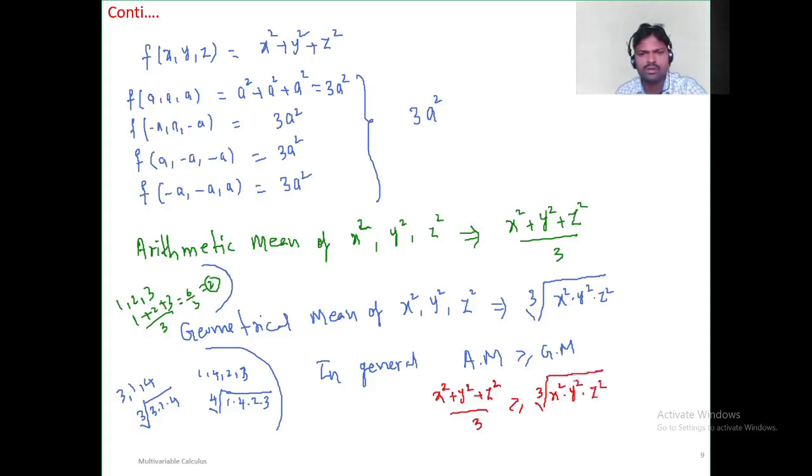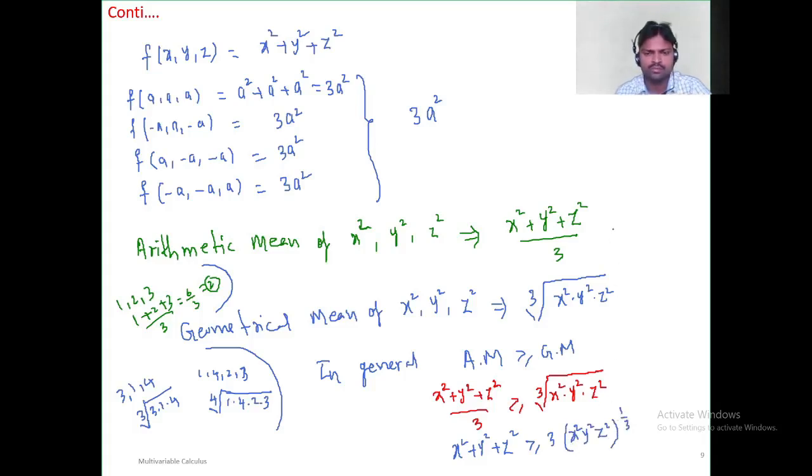Let me simplify here itself. So x square plus y square plus z square is more than or equal to 3 into (x square y square z square) whole to the power of 1 by 3.